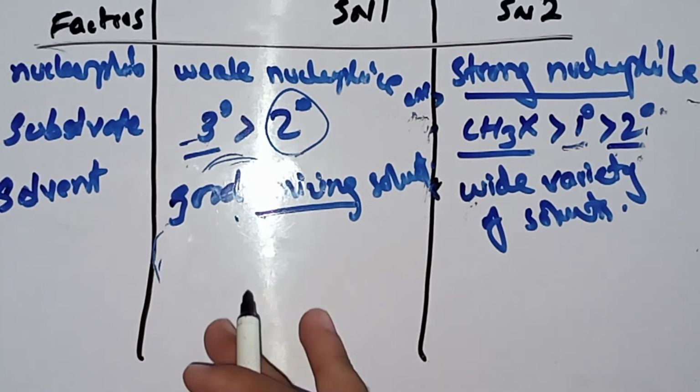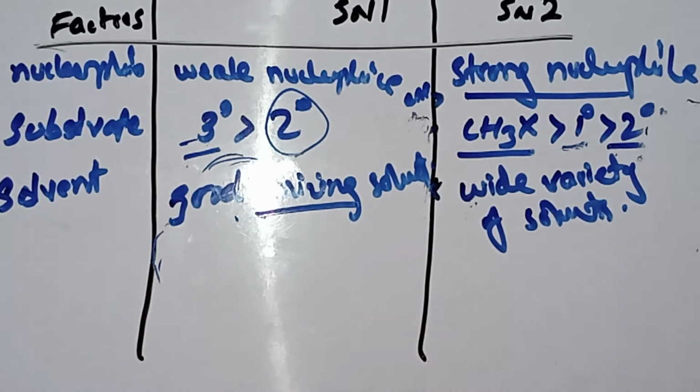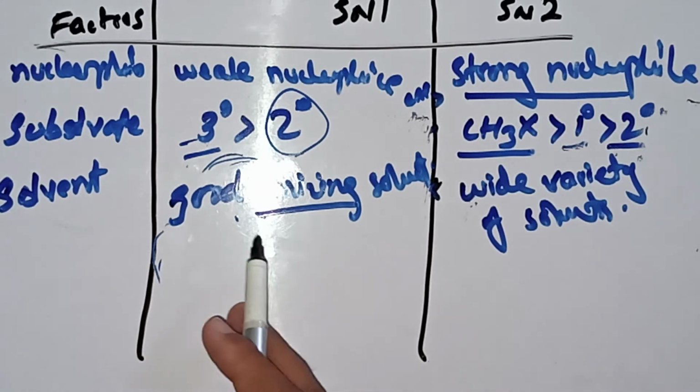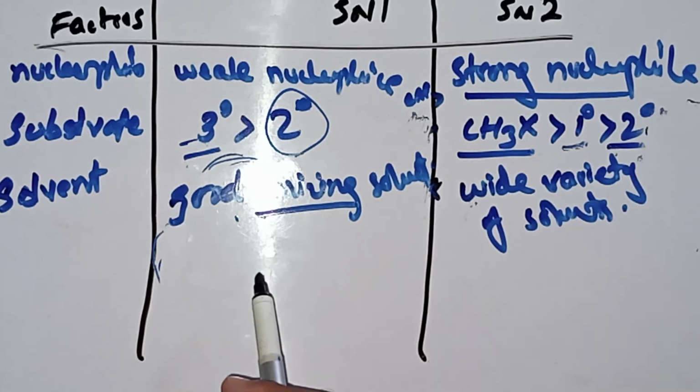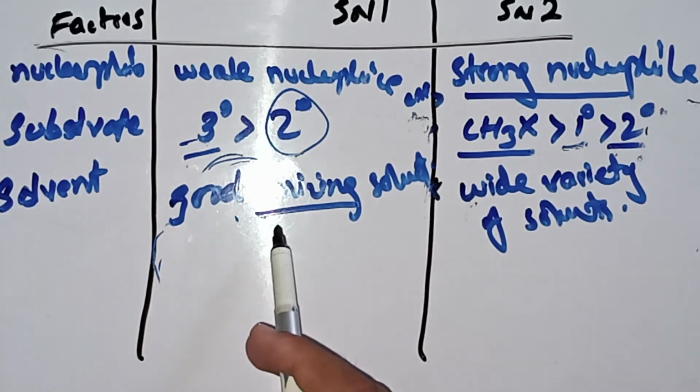These are solvents that have good ionizing power. It also means those solvents have a high dielectric constant, and in these solvents the reaction follows the SN1 pathway, because a higher dielectric constant means greater ionizing ability. Once the substrate is ionized, it is stabilized by the solvation power, which is also related to the dielectric constant.